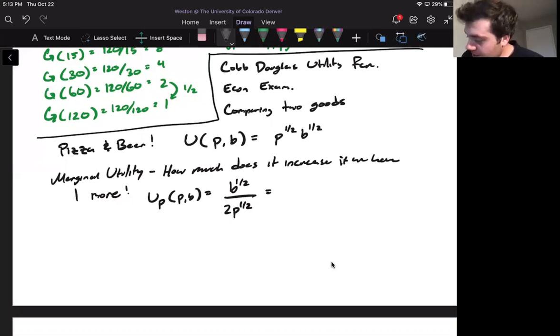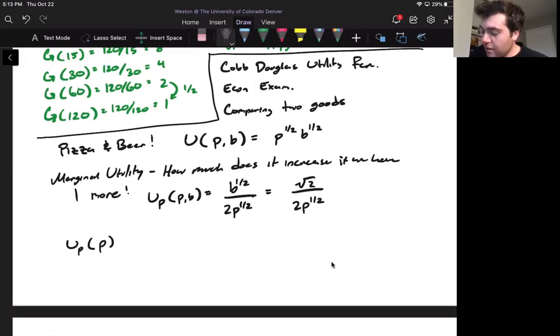So this might be fixed at the square root of 2 over 2 times p to the 1/2. So we have our marginal utility of how much pizza we have is equal to the square root of 2 over 2p to the 1/2.